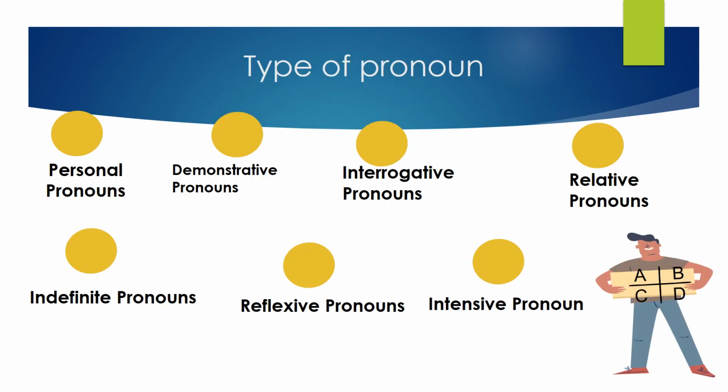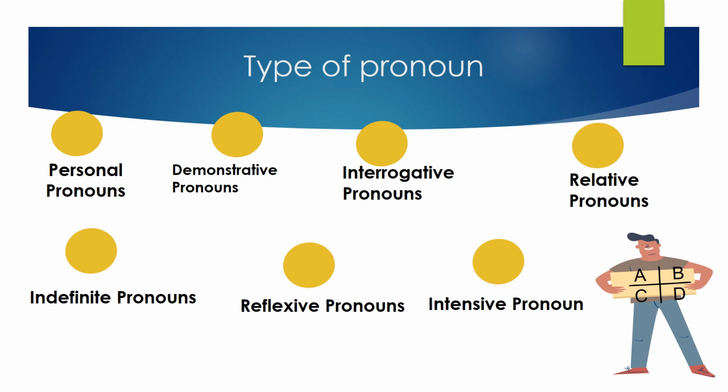So what are the types of pronouns? There are 7 types of pronouns. The first one is personal pronouns. Second is demonstrative pronouns. The third is interrogative pronouns. The fourth is relative pronouns.